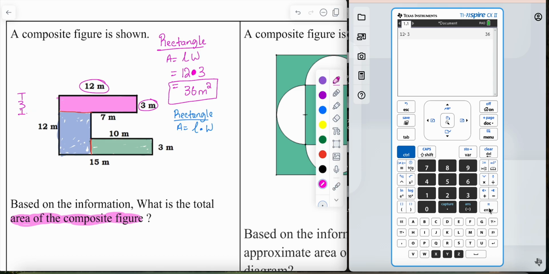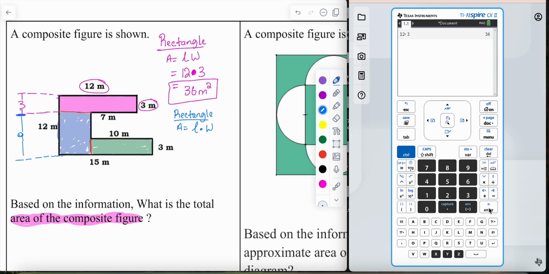All right. So this part has to be 3. Now, if the whole thing needs to be 12, then what would be the length from right here to right here? What would that have to be? It would have to be 9.